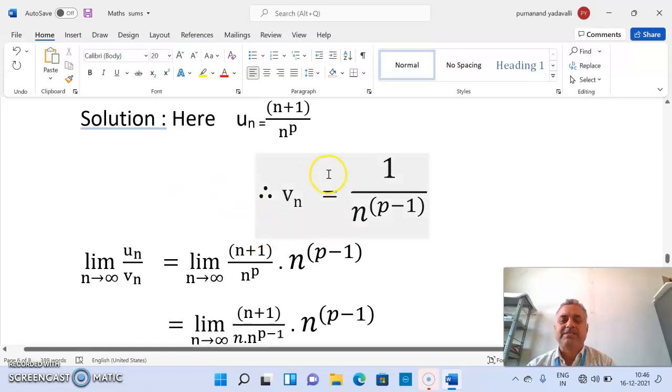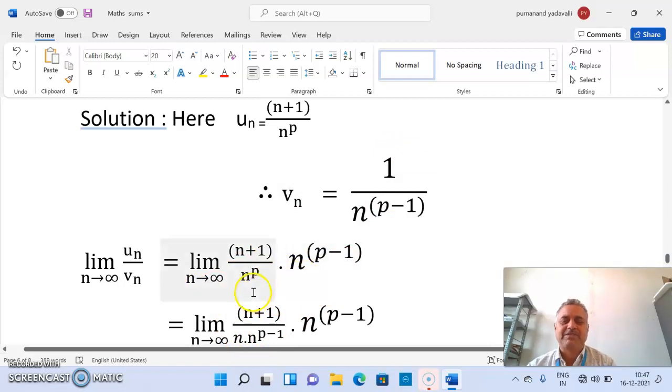Now here un is n plus 1 by n power p. Vn is 1 by n power p minus 1. Now consider limit n tends to infinity un by Vn. That is equal to limit n tends to infinity n plus 1 by n power p, this is un, by Vn, which is 1 by n power p minus 1.